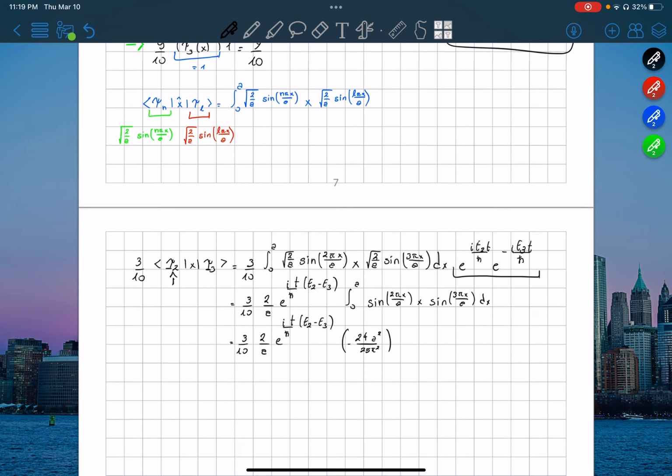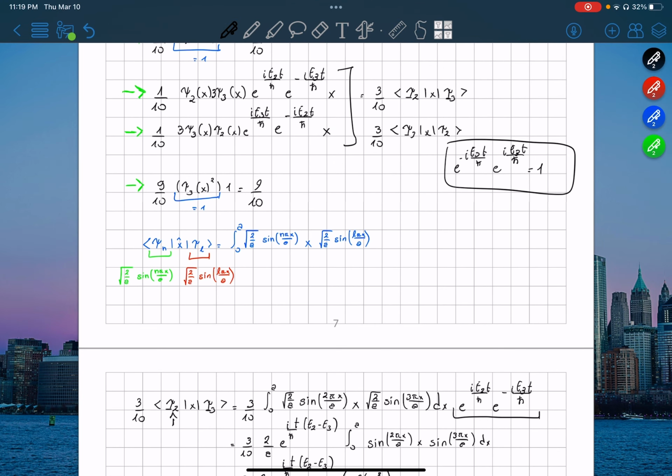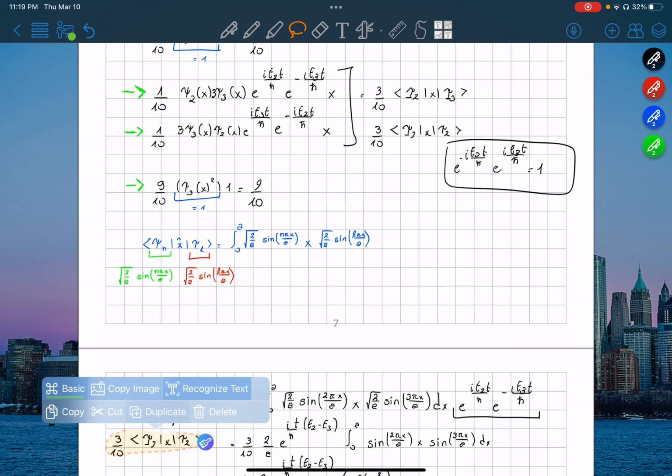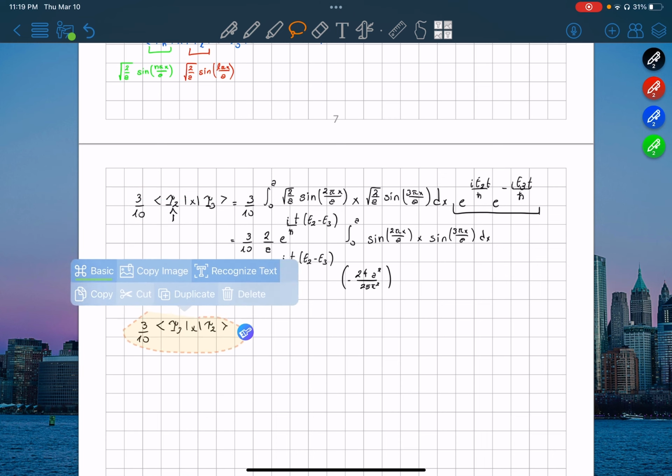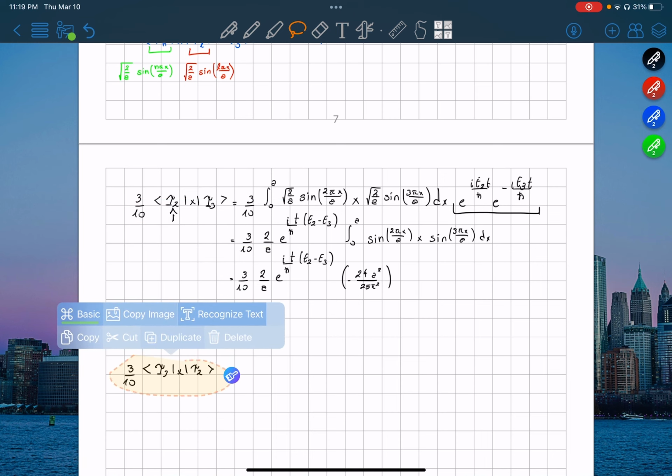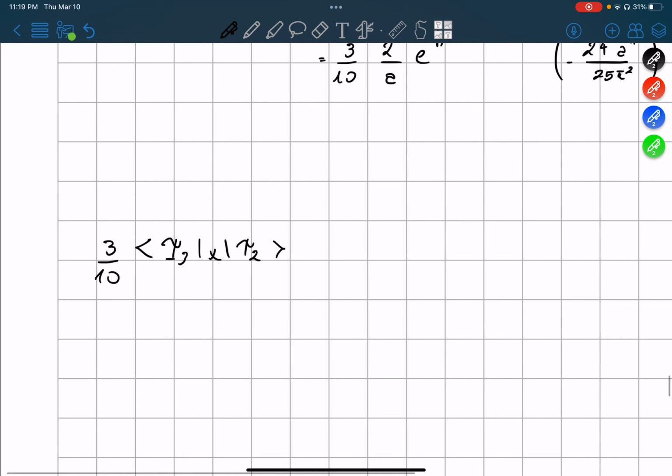Now, one thing that we can look at is that this one over here is going to be very similar to the first one. So I'm going to rewrite it in the expanded integral form and show you that it's going to be very similar.